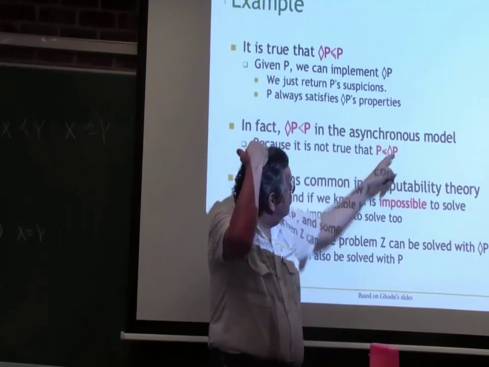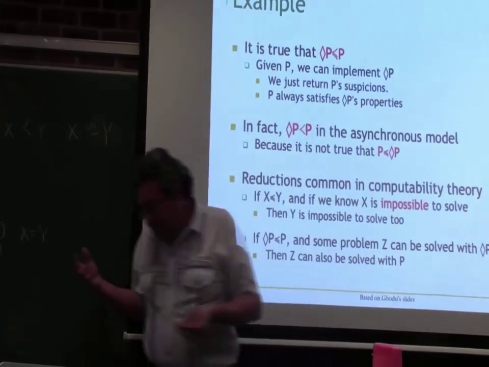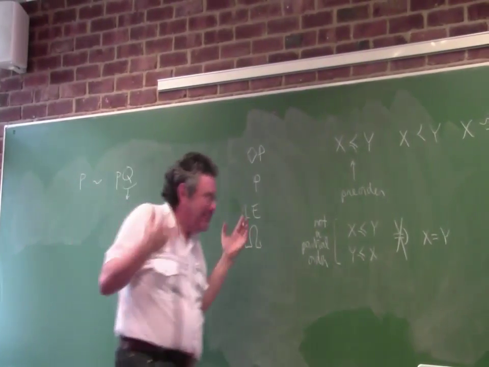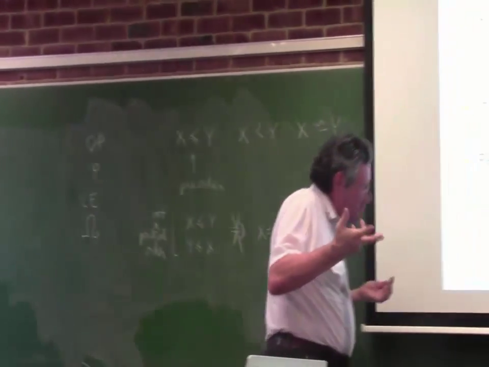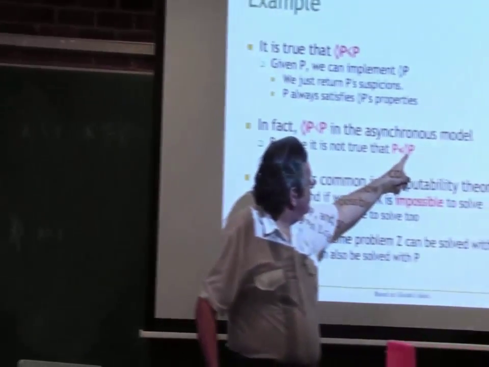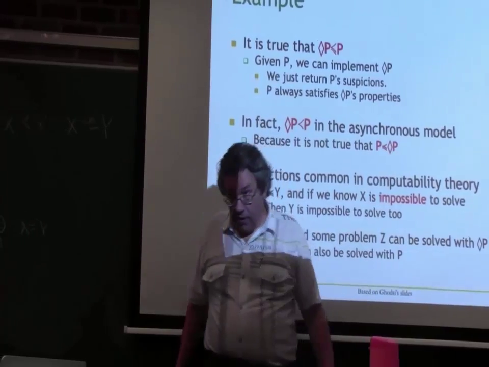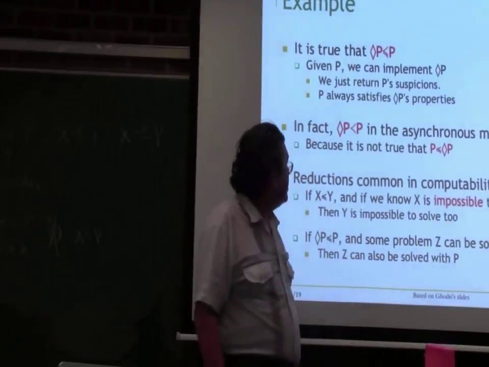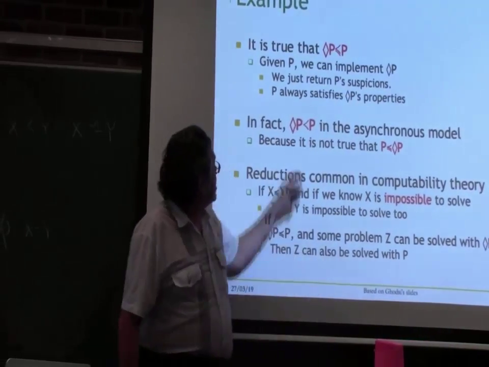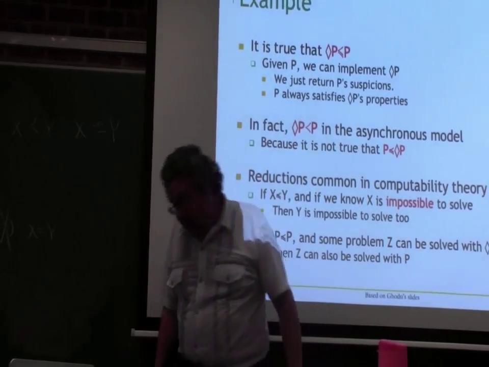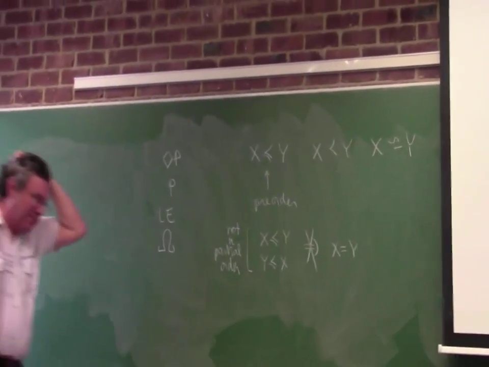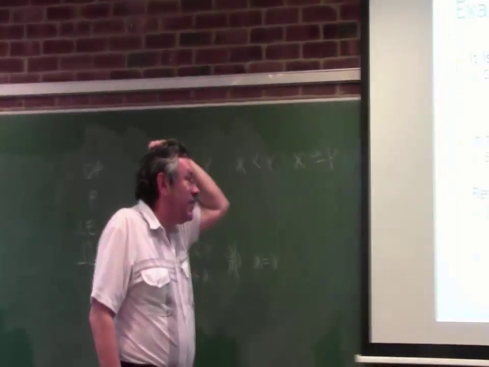But I cannot reduce P to eventually P. If I have an algorithm that sometimes makes mistakes, I can't get rid of those mistakes. There's no way I can tell if it's a mistake or not. So I cannot implement P with eventually P.